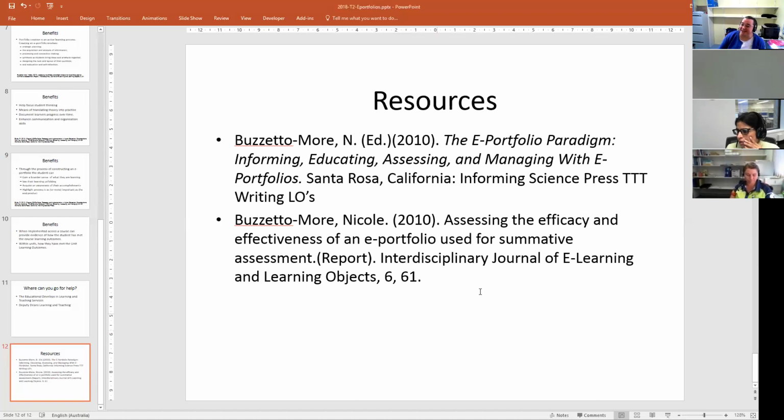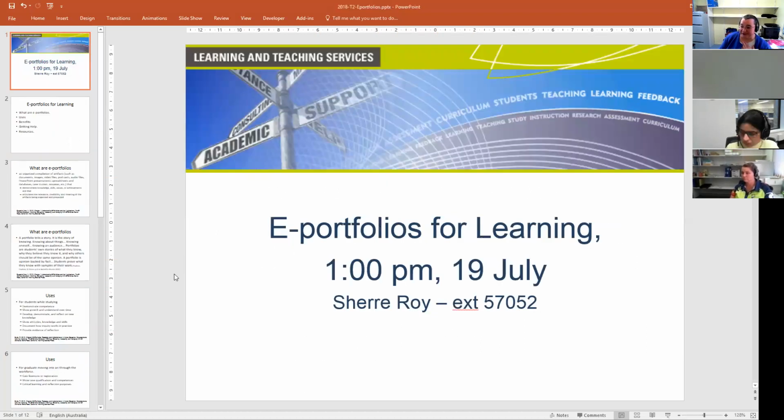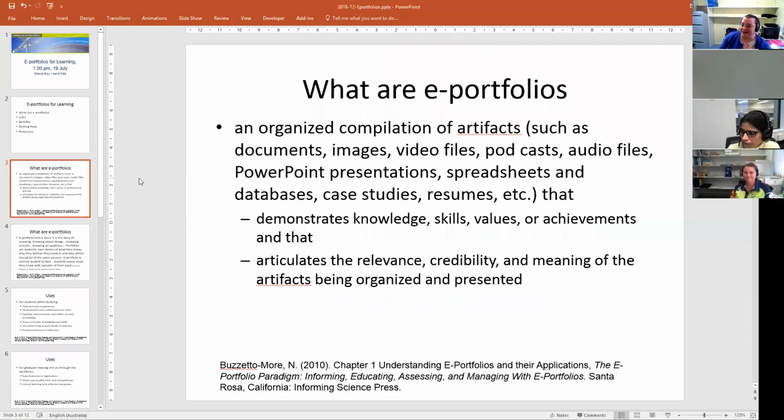The other one is a journal article by the same author in the Interdisciplinary Journal of E-Learning. They're two very good resources for looking at portfolios and how they're used. So that's all of my slides, and I did talk fast. Any other questions?